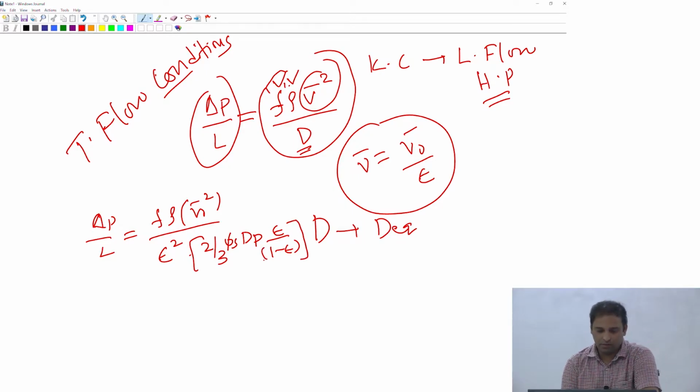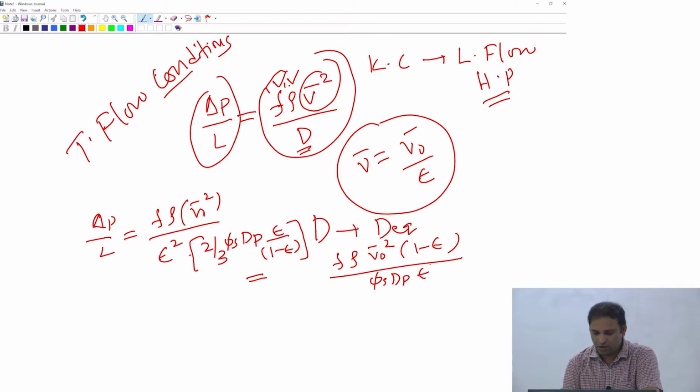Therefore that becomes F into rho into V naught bar square, and this 1 minus epsilon goes up, divided by phi s dp into epsilon cube at the bottom, and that's 3 by 2.